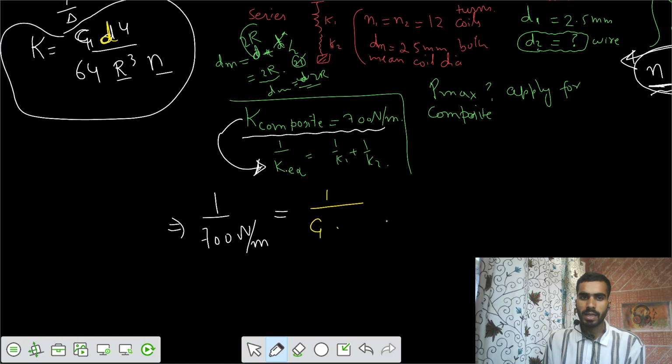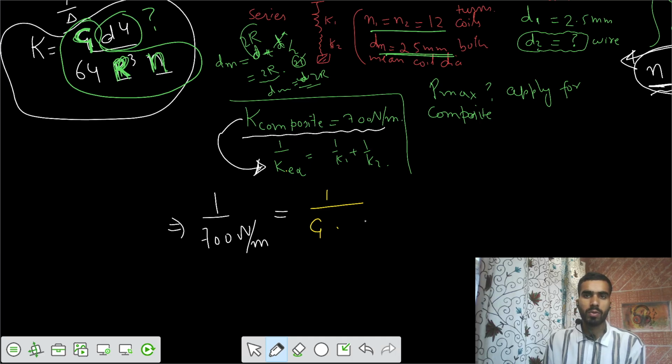From the data, the things I am highlighting are constant for both springs. G is fixed for both springs, and the mean radius is fixed for both materials, since mean diameter is 25, so r equals 12.5 for both. The value of n is also the same, n1 equals n2. So we can keep all these terms outside, and we are only concerned with d to the power 4.